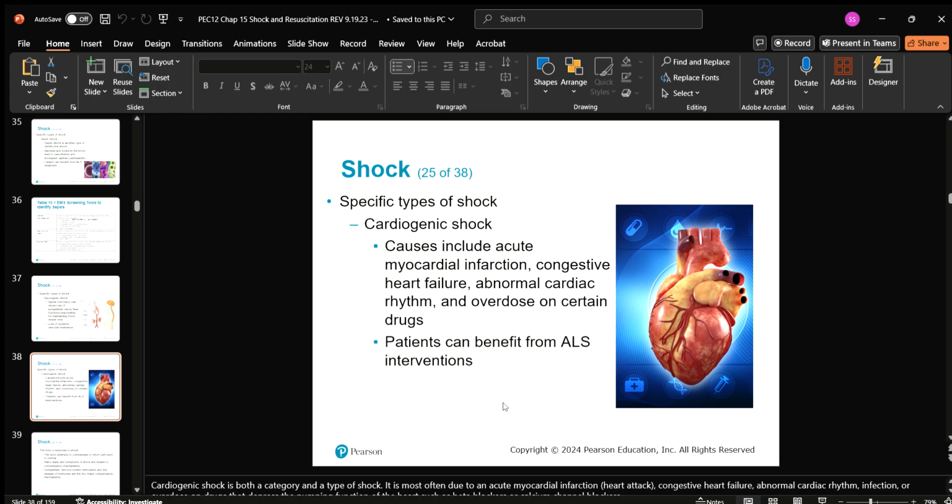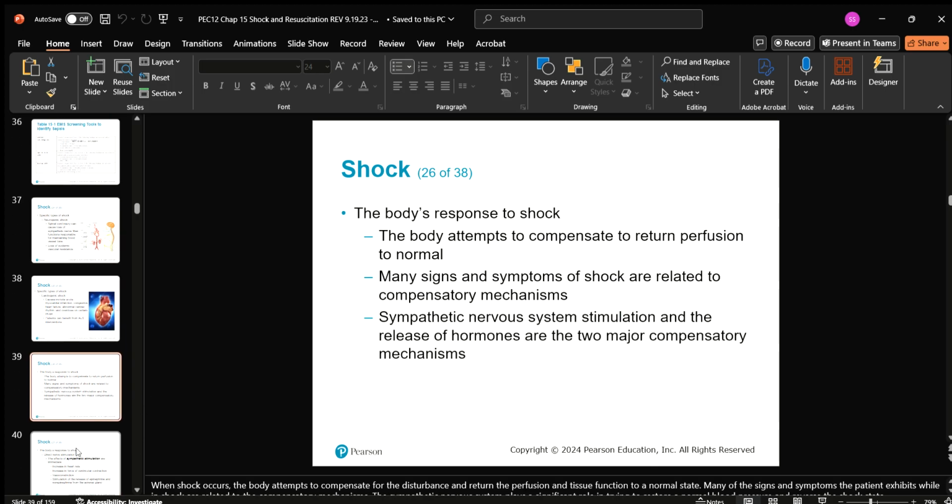No, not except in very specific instances, like opioid overdose, and we can give them Narcan, which is also known as naloxone. Abnormal cardiac rhythms can be causes for cardiogenic shock. And we're going to talk about some abnormal rhythms when we get to the resuscitation portion of this lecture.